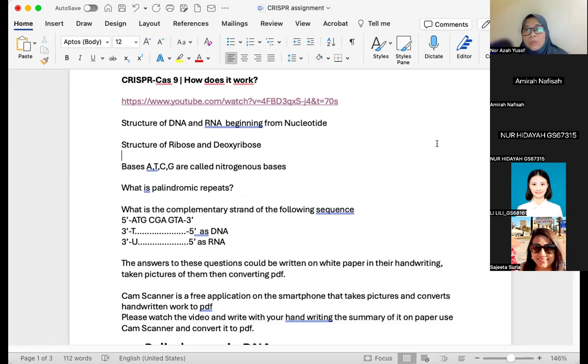You can just Google the definition, try to understand, okay? I think just now has been mentioned what is palindromic, okay? You has the same reading, forward and reverse, okay? And try to answer it. What is the complementary strand of the following sequence?